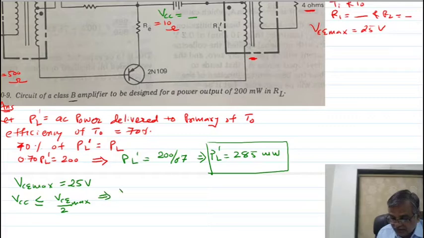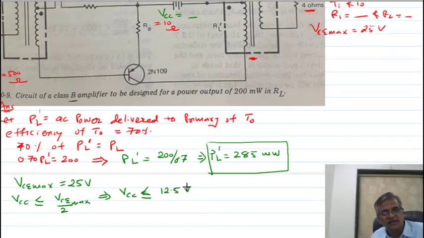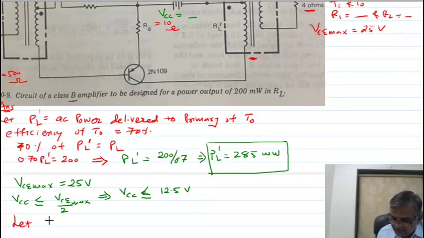From this I can decide my supply voltage should be less than or equal to 12.5 volt. Means you can take 10 volt, you can take 12 volt, but I will take VCC equal to 9 volt.